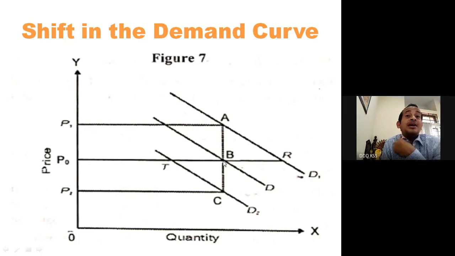When there is a change in the income of the consumer, like due to promotion, increment, or change in job, or if a businessman is doing well in business and income is increasing. So in that case, if price increases, the consumer may consume the same quantity of goods at the increased price.